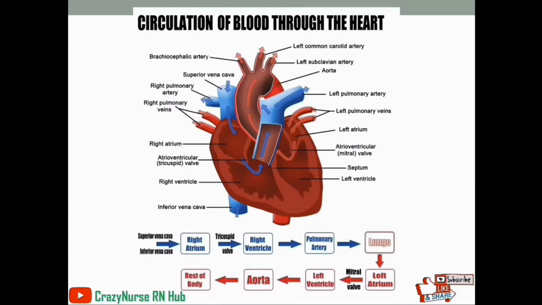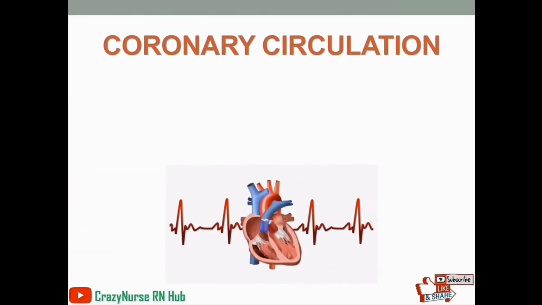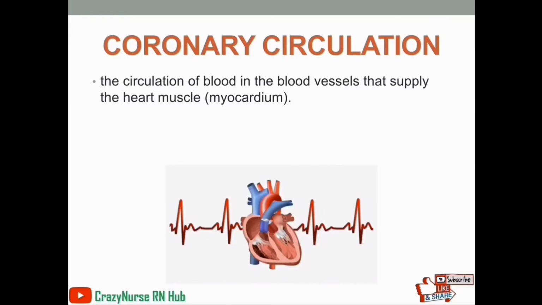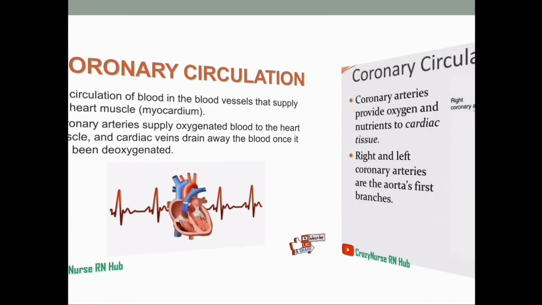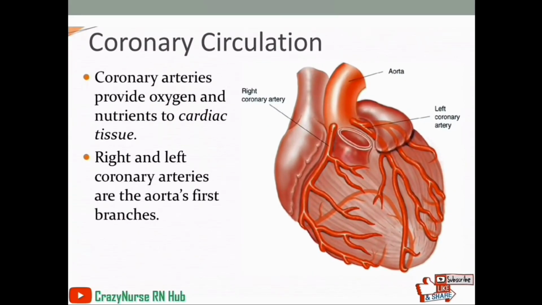We also have your coronary circulation. It is the circulation of blood in the blood vessels that supply the heart muscle, or the myocardium. Coronary arteries supply oxygenated blood to the heart muscles, and cardiac veins drain away the blood once it has been deoxygenated. So here is your coronary circulation. Coronary arteries provide oxygen and nutrients to cardiac tissue.